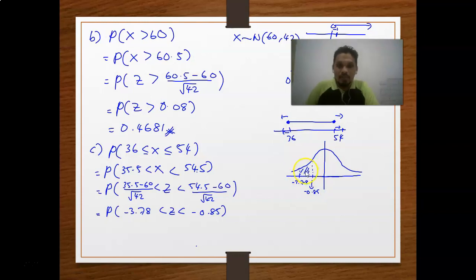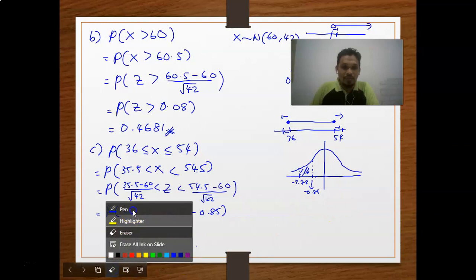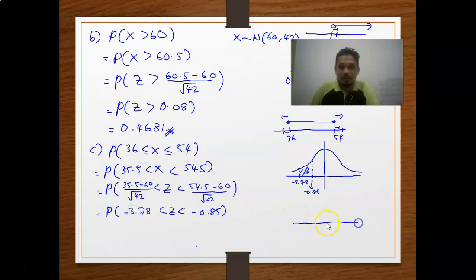So class, just imagine that if this area we bring up to the other side, negative 0.85 we bring up to the other side is 0.85, and negative 3.78 we bring up here, which is 3.78.